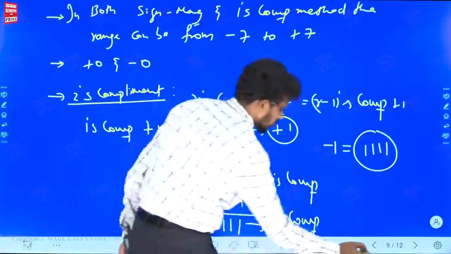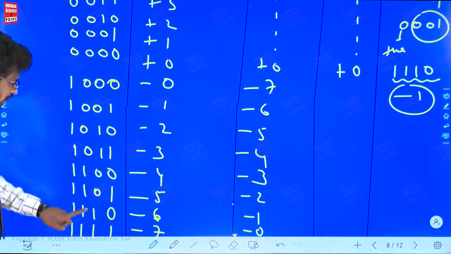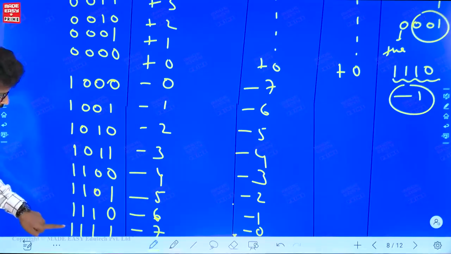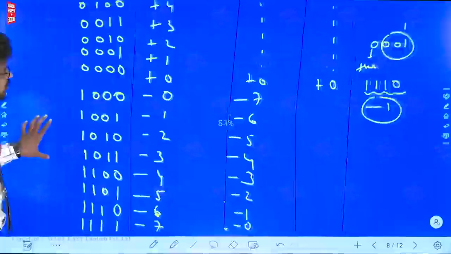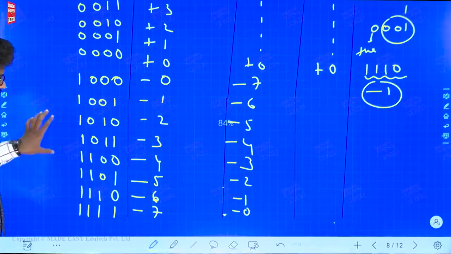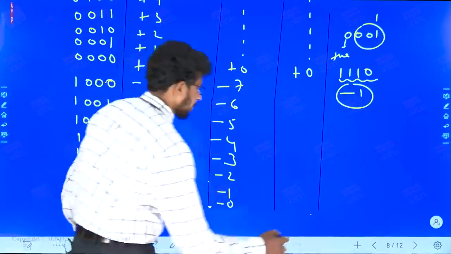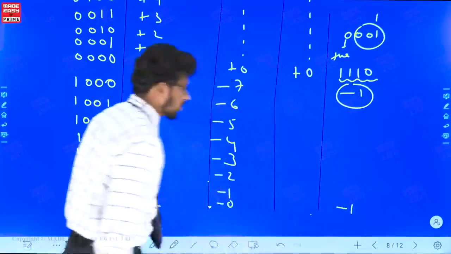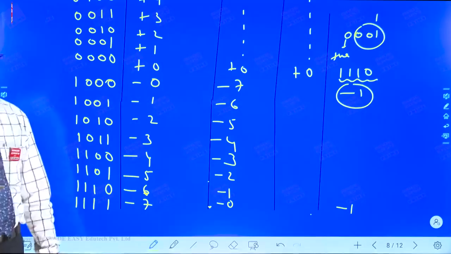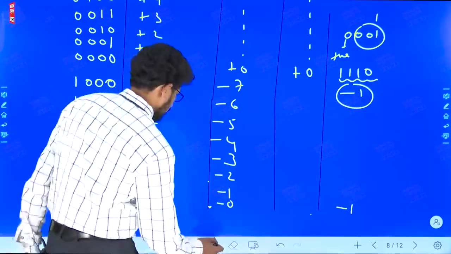Come back to the previous slide. Observe carefully. Here, all the 4 ones was actually the minus 1 value. I want you to think a little bit.